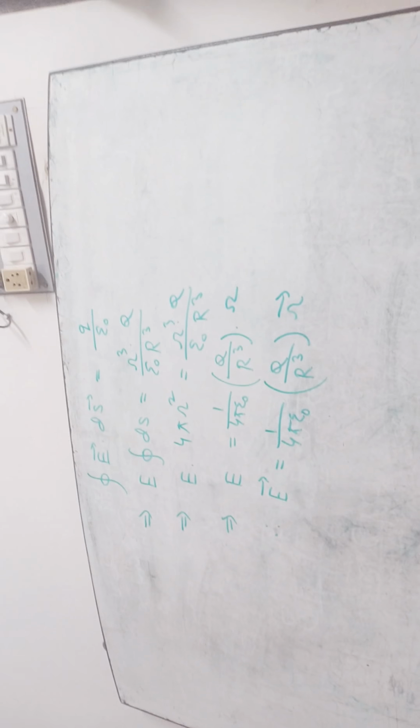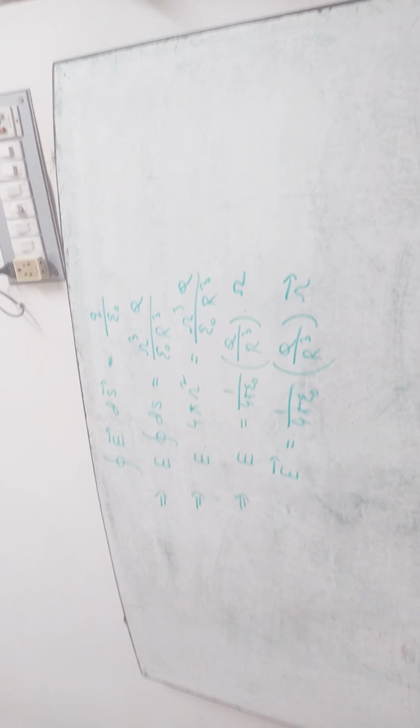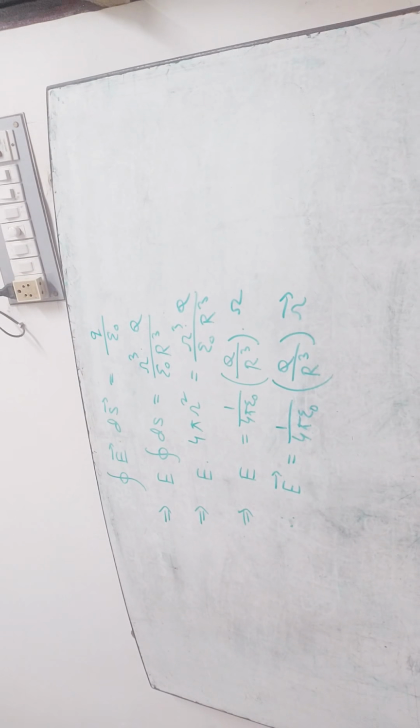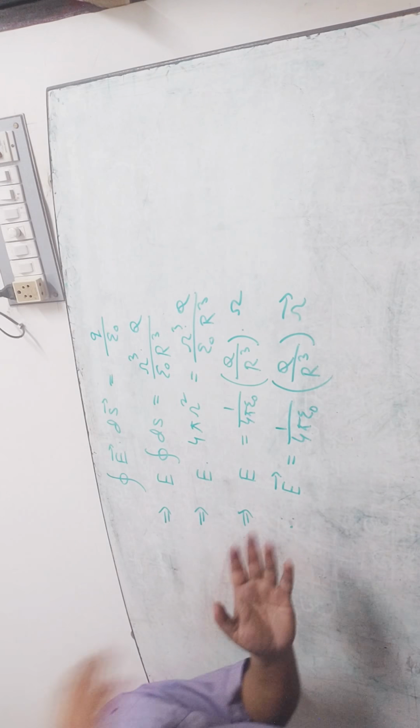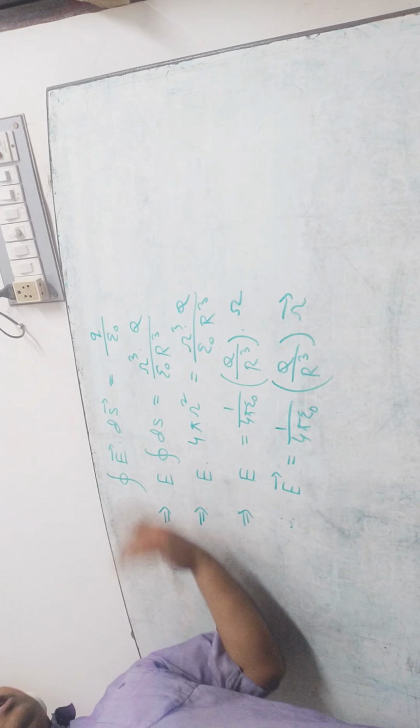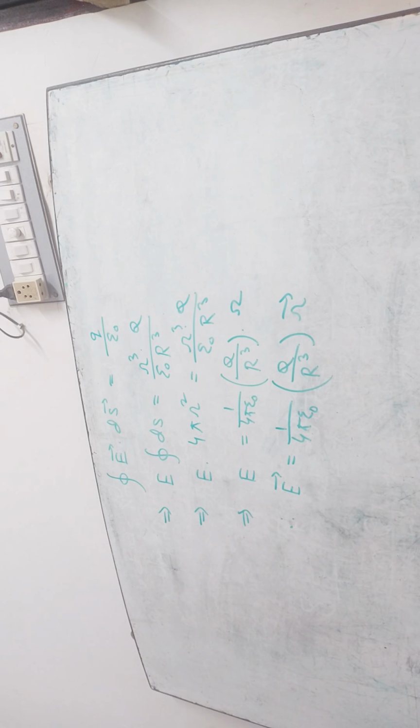From this expression, we can easily find the electric field at a point on the charged sphere, on the surface of the charged sphere and outside the charged sphere.